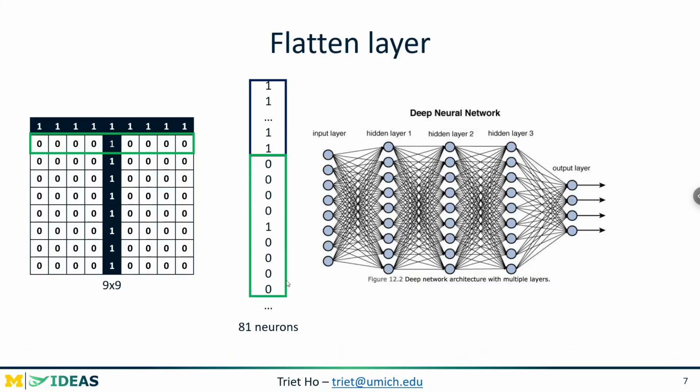And it actually works pretty well for small images. But once it's a big image, it doesn't work very well. There are two main problems. The first problem is that this layer will get extremely large. This is a 9 by 9 pixel image.